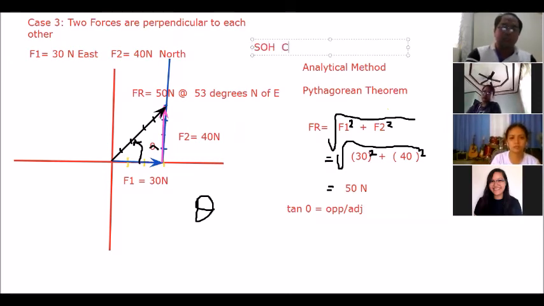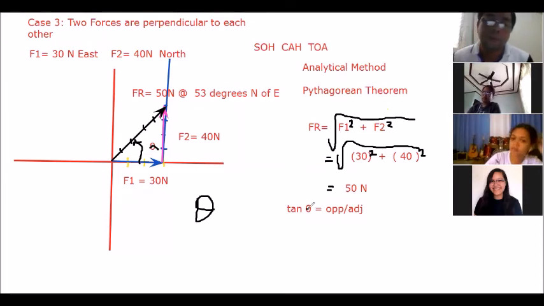I think you have that in your recall. So TOA there stands for tangent. The tangent of theta is opposite over adjacent.